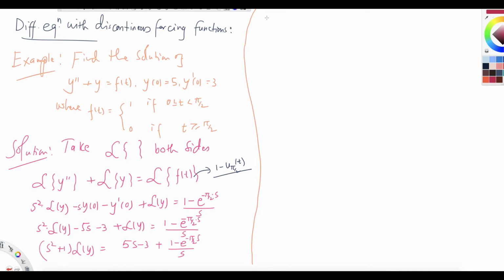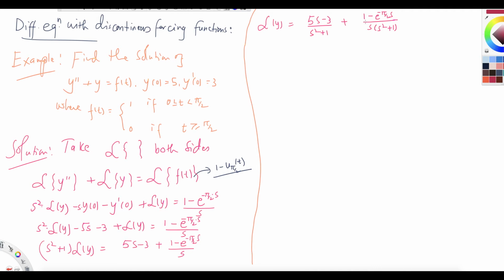You get the Laplace transform of y equals (5s minus 3) over (s squared plus 1) plus (1 minus e to the negative pi half s) over s times (s squared plus 1). That's what you get. You see that?